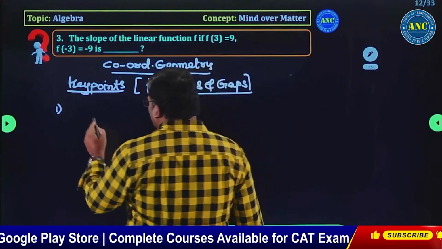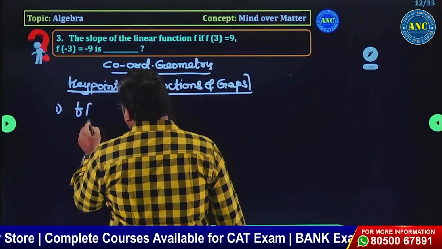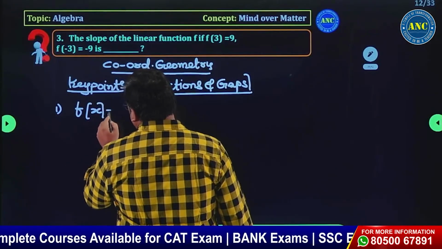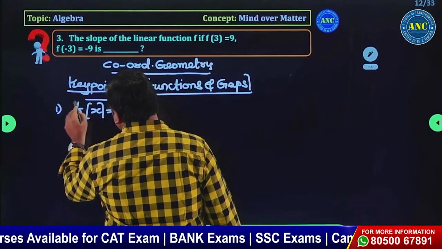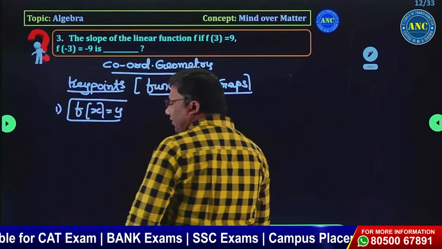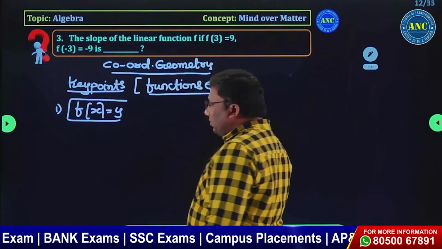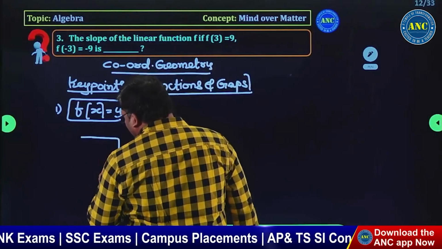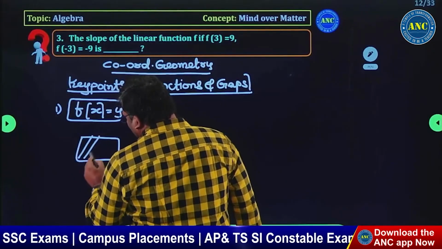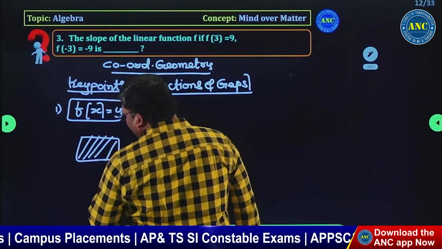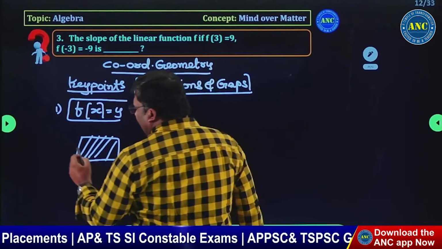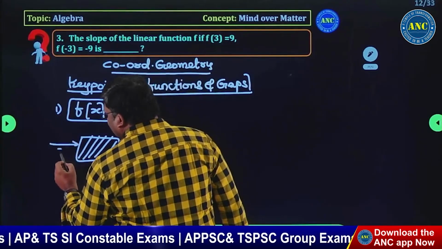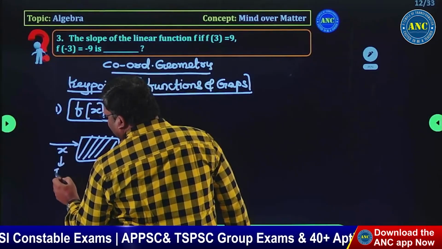Suppose I tell f of x is equivalent to y. What is the meaning of this? That means there is a processor, it performs a function. I will apply x as an input.